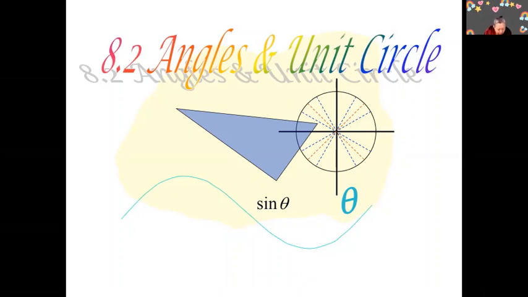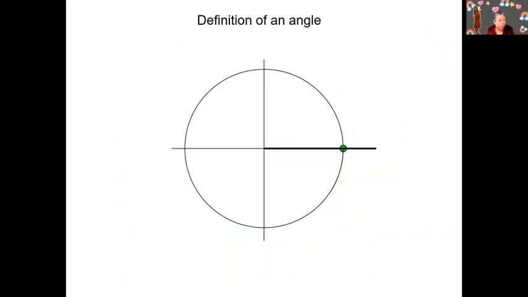So today we will cover 8.2, angles and unit circles, okay? From now on, we're not talking about angles inside of a given object anymore.